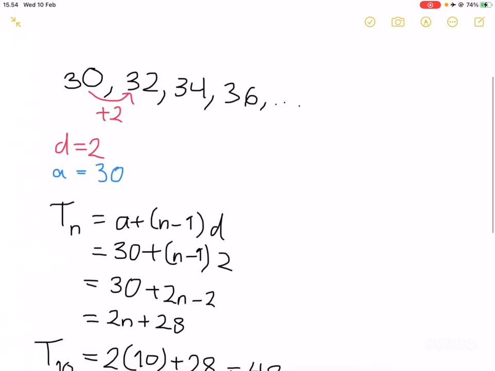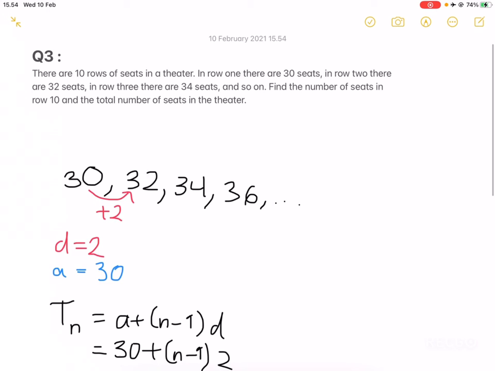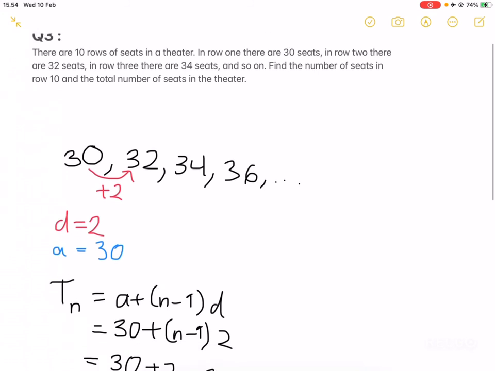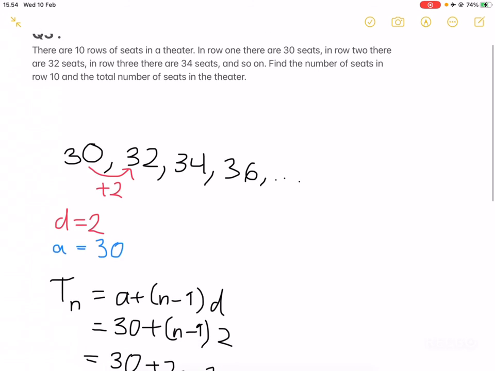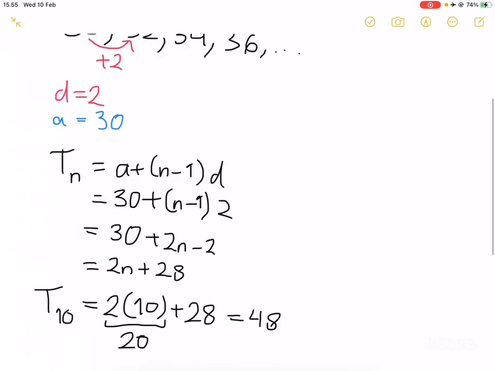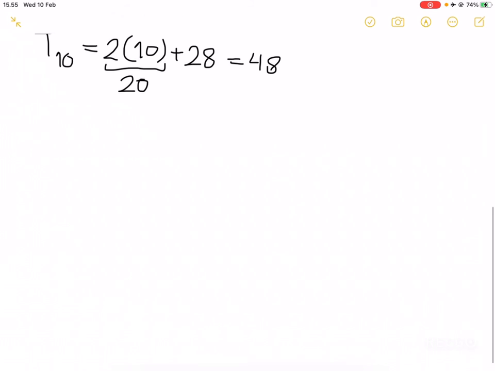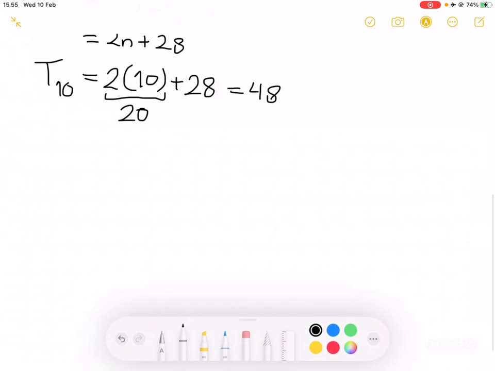And we need to find the total number of seats in the theater. So in this case, it will be S10, since there are 10 rows, and we need to find the sum of the first 10 rows of seats in the theater. So S10 will be just a half times n.